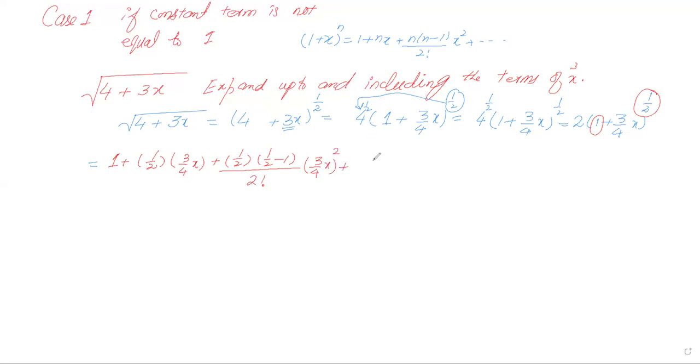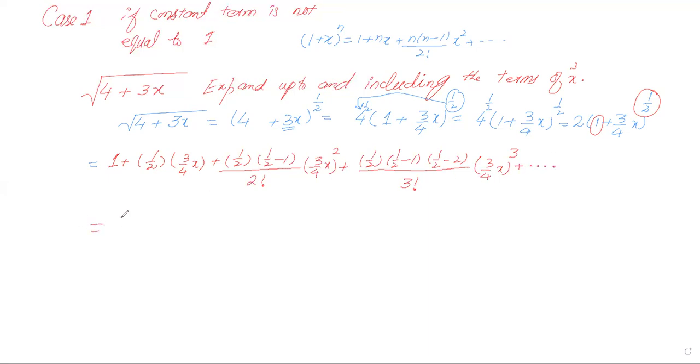Then 1 by 2 as it is, because n is 1 by 2, minus 1, into 1 by 2 minus 2, divided by 3 factorial, into 3 by 4x whole raised to power 3, plus so on.